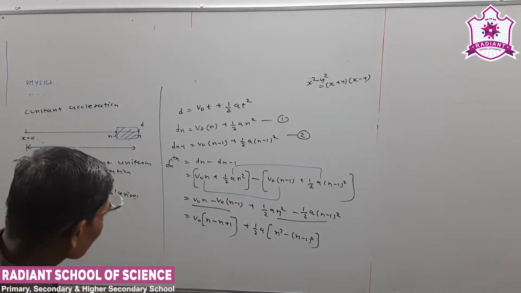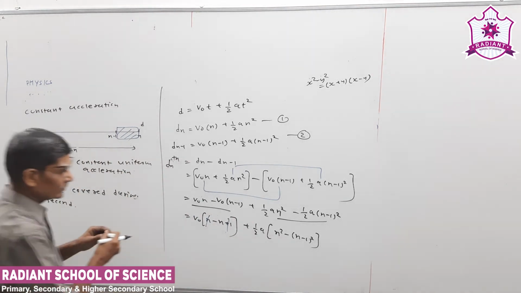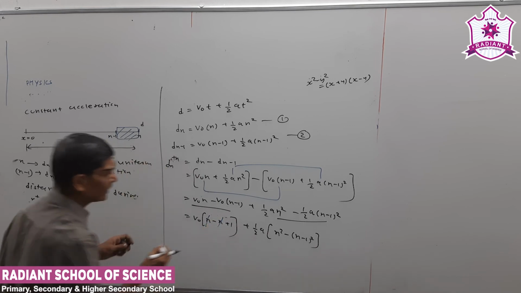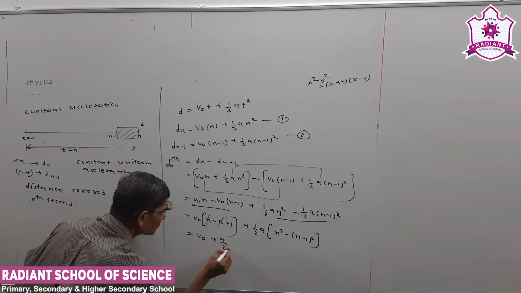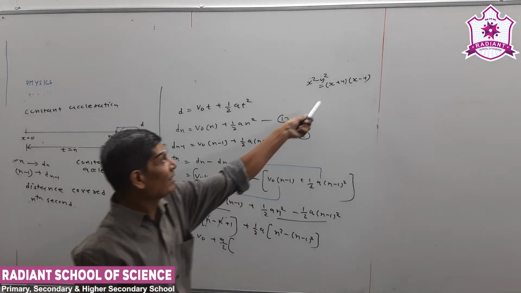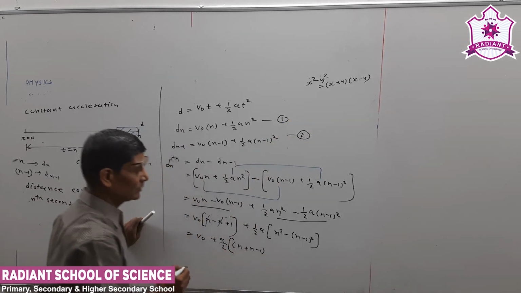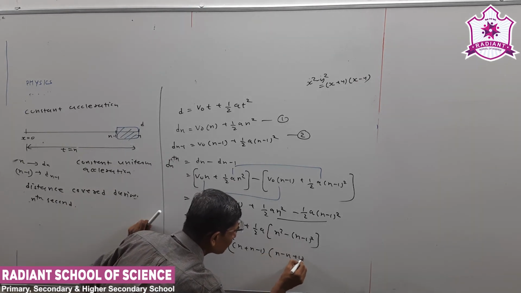Now by factorization, the first bracket will be n plus n minus 1, and this will be n minus n plus 1.